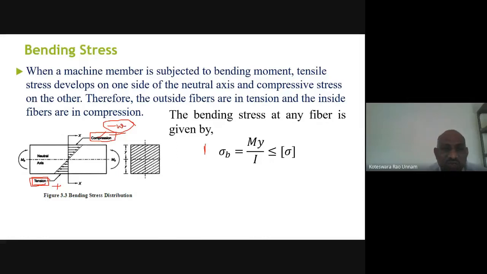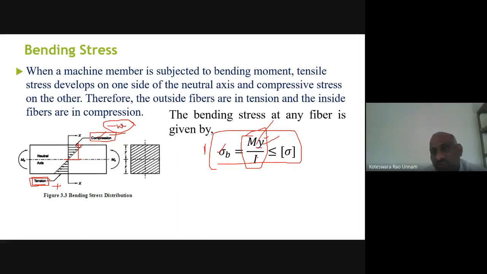Now to calculate the bending stress, this is the formula. The bending stress value sigma b is nothing but M into y divided by I. I think all of you know this equation. Where M is the bending moment, y is the distance of the layer where you are considering, and this distance is always measured from the neutral axis.